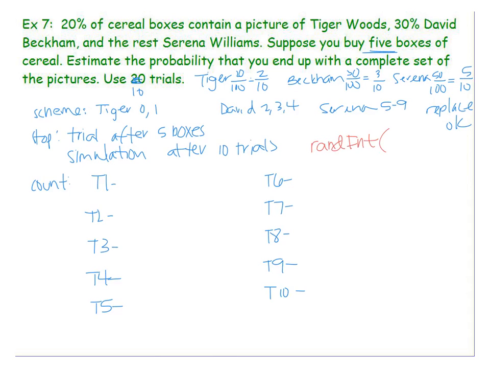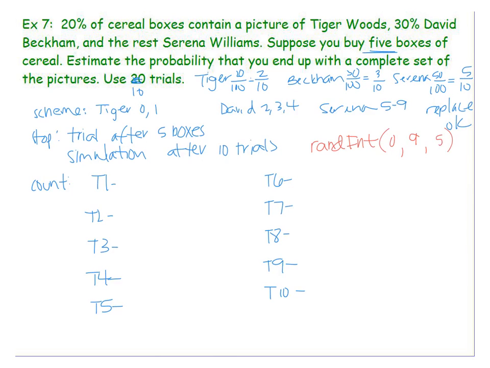My lowest number is 0, comma. My highest number is 9, comma. This time I am going to use a third digit because I need specifically 5 boxes and repeats are okay. So I'm going to put a 5 there and close parentheses. So when I hit enter, it's going to spit out 5 numbers and I write those 5 numbers down.